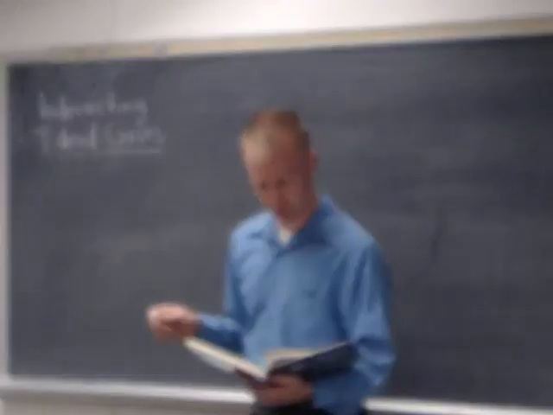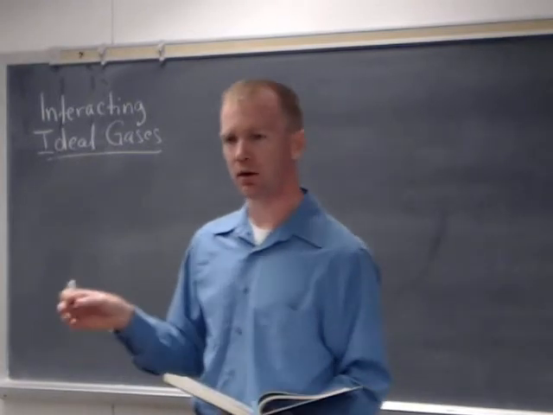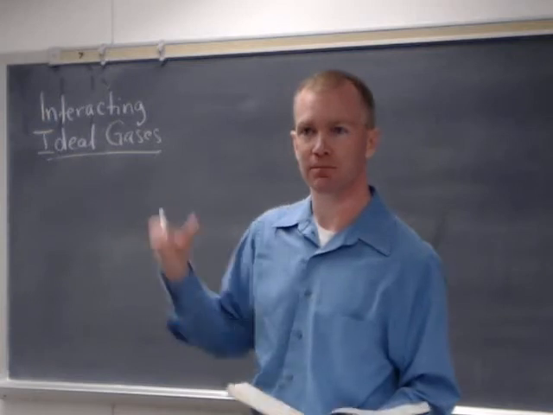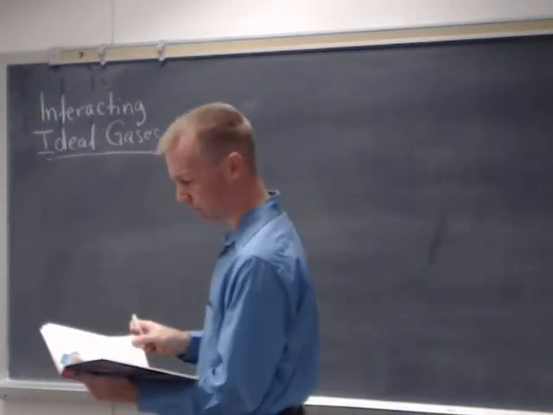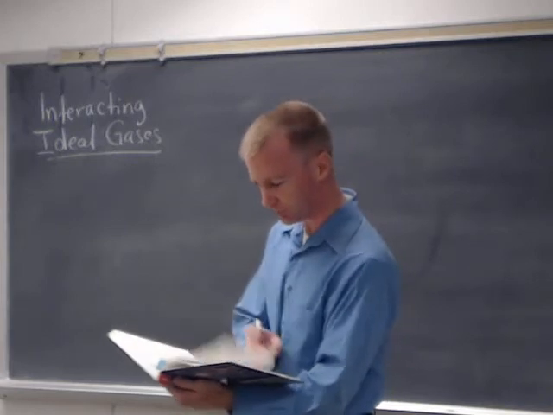Okay, at the end of the last lecture, we came up with a formula for the multiplicity of an ideal gas of N particles. And remember first how this worked out for a single particle.